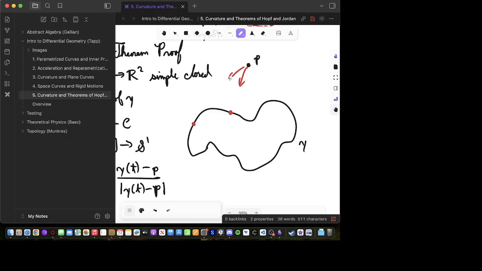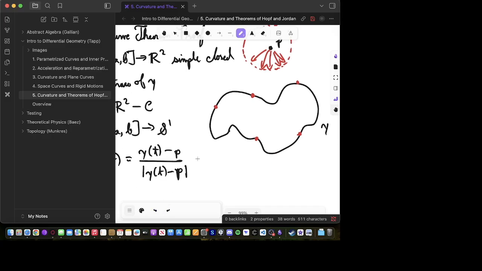If you take a point here, it's the unit vector pointing towards it, and so on, and so on. And you can see it draws out sort of the arc of a circle. It might not be the full circle, mind you, so it might not be up here, but still part of a circle nonetheless.